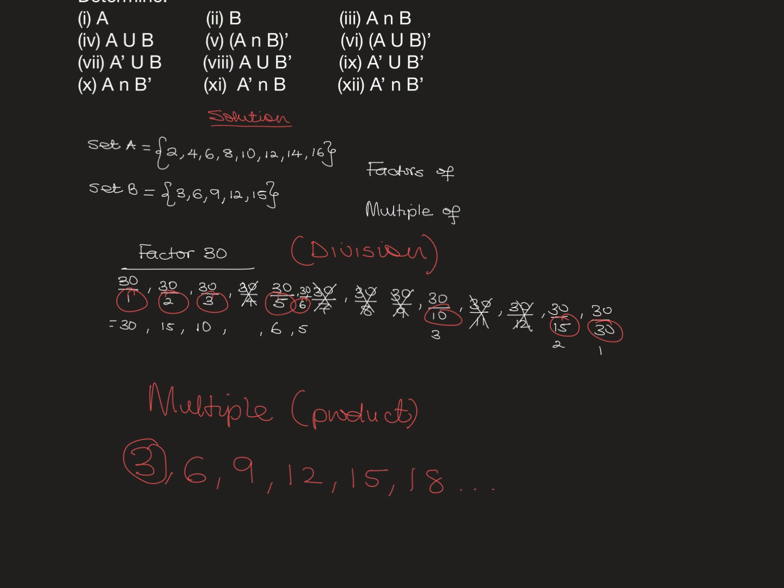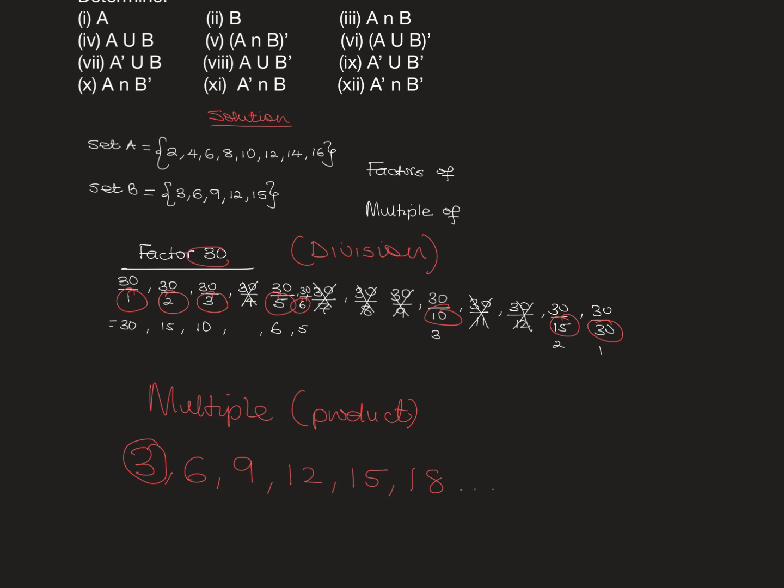A factor of a number is a number that divides the given number, here 30, without a remainder. But when we say multiple of, you are multiplying that number with successive integers.